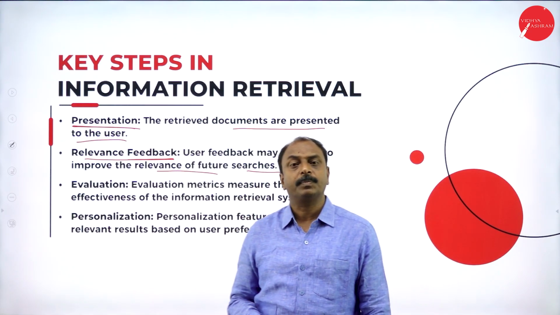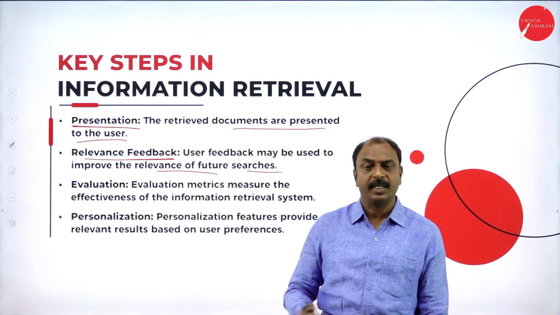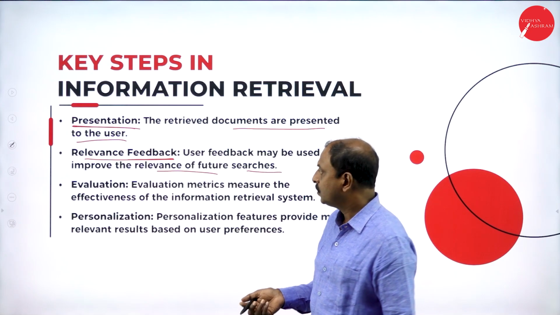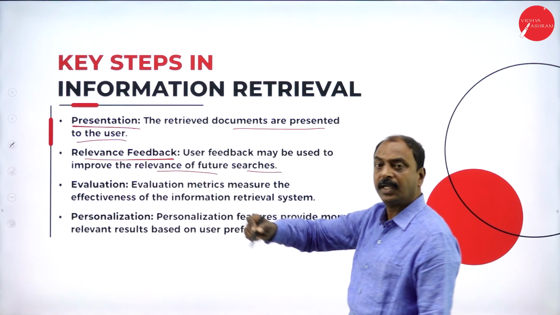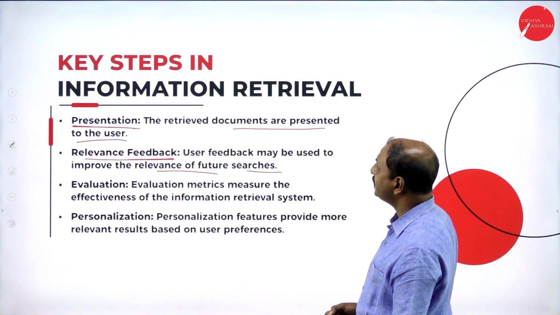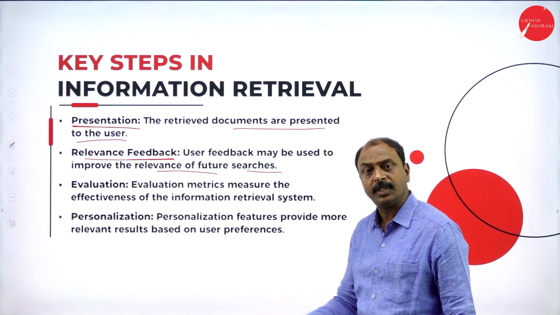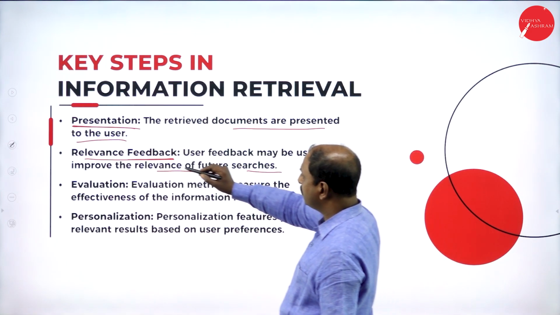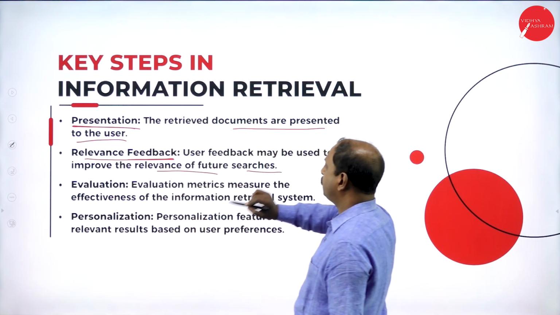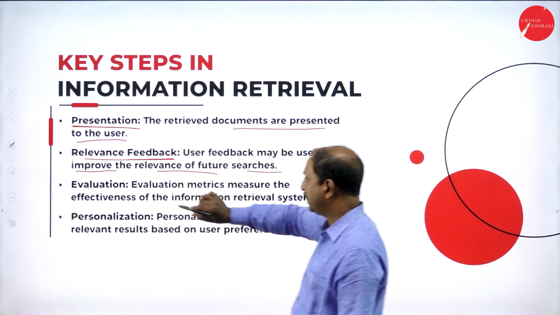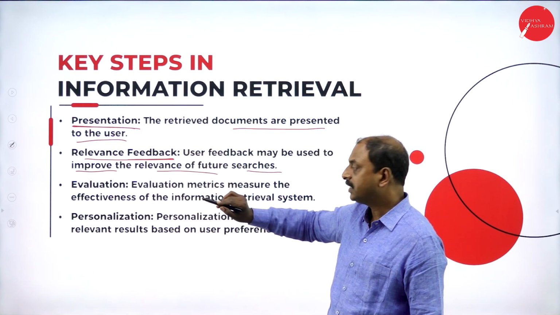Generally, the main purpose of feedback in different categories and organizations is to improve their system. Through the feedback, they will come to know whether the present system is useful to the user or not. So based on this feedback, it is possible to improve the service or information retrieval system.